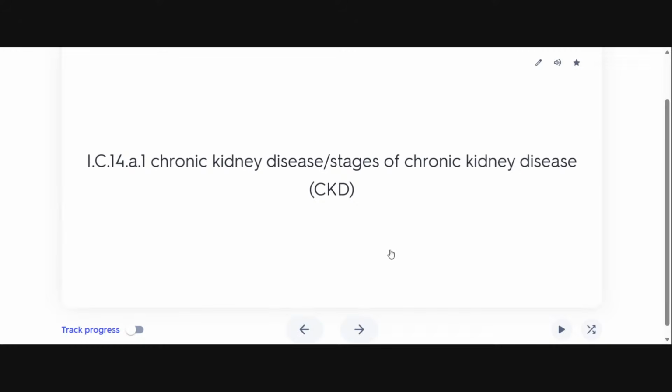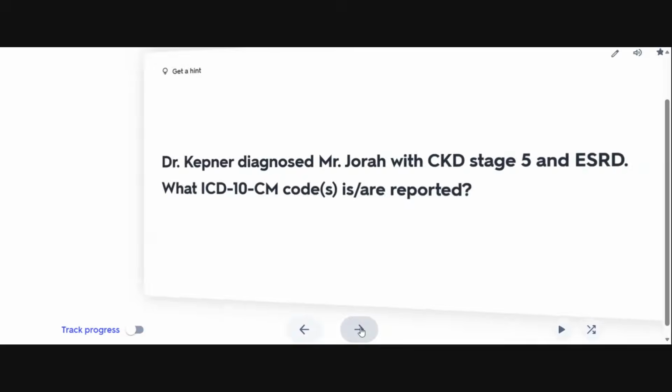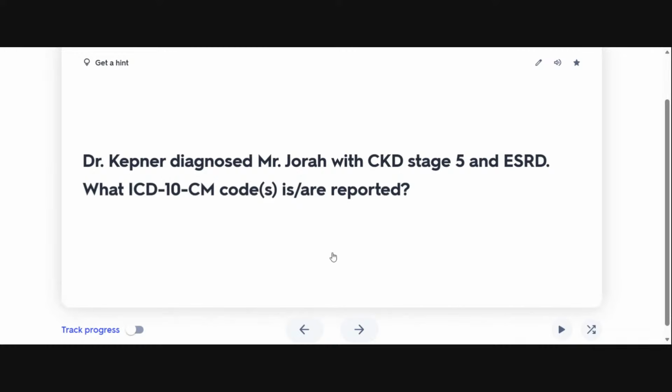You guys are killing this scenario. So now, without further ado, we're going to use those keywords. We're going to use that guideline. And now, what code or codes are we going to be reporting for this scenario? Put it in the chat, and then I will switch over to our PowerPoint so we can go over and see how it looks all together.